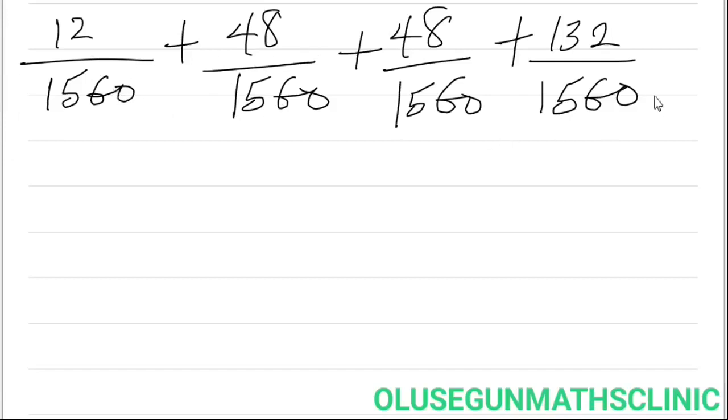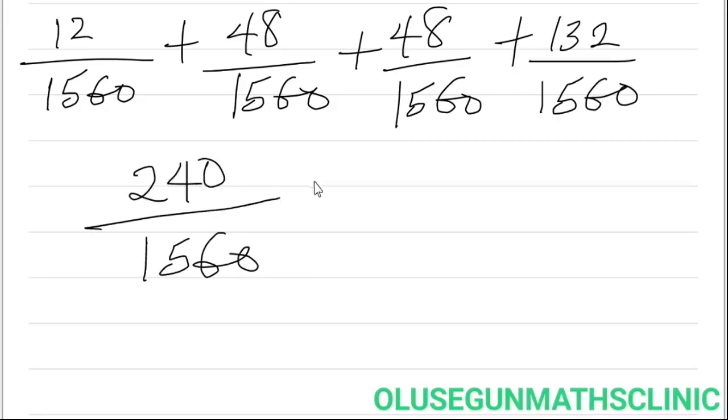By adding this, we have 48 plus 132, that is 180, plus 60. So we have 240 over 1560. By the time we reduce it, we have 24 over 156.